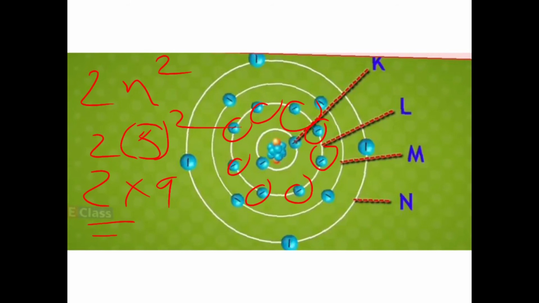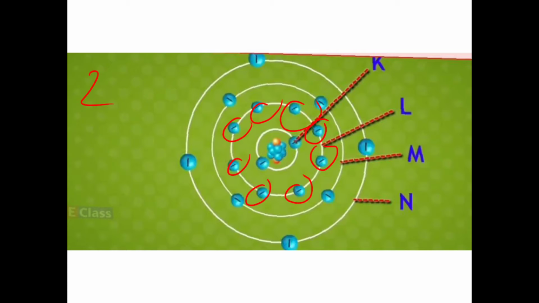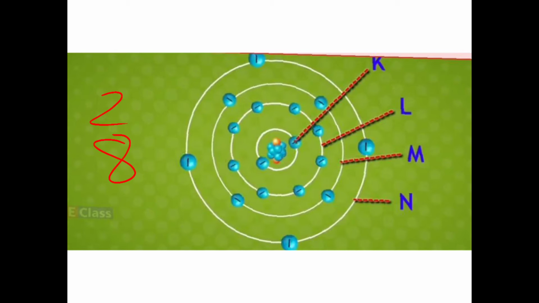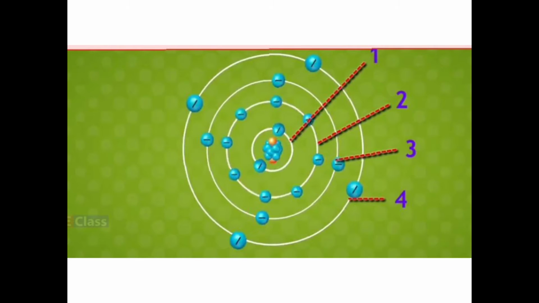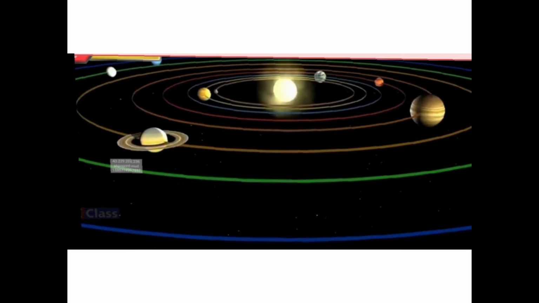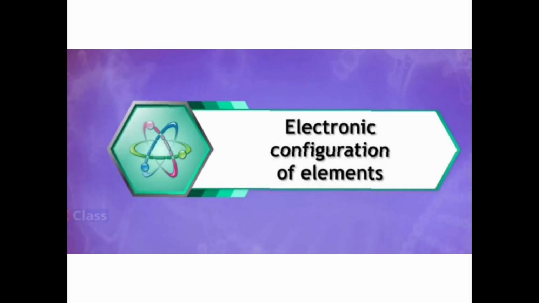Suppose you have a total of 14 electrons altogether, then your first shell will have 2 electrons, the second shell will have 8 electrons, so 8 plus 2 is 10, and the third shell will have 4 electrons. So like that it will be done. Okay, so we can write down in the table which is given on page number 32. You can write it down on your own now.